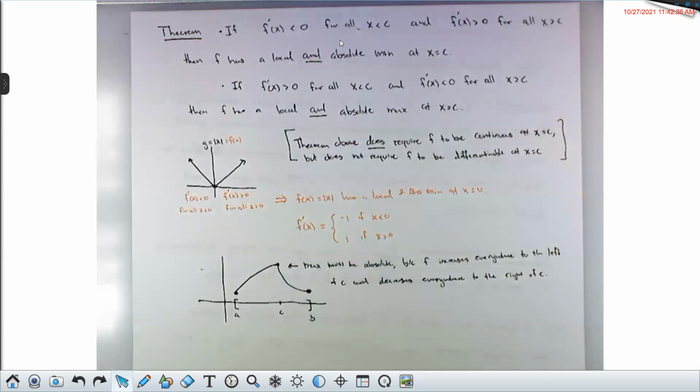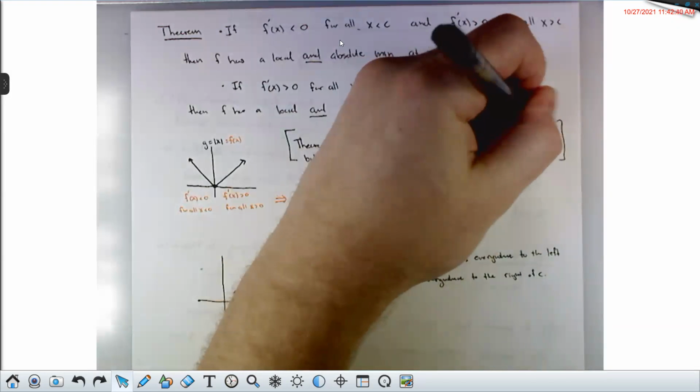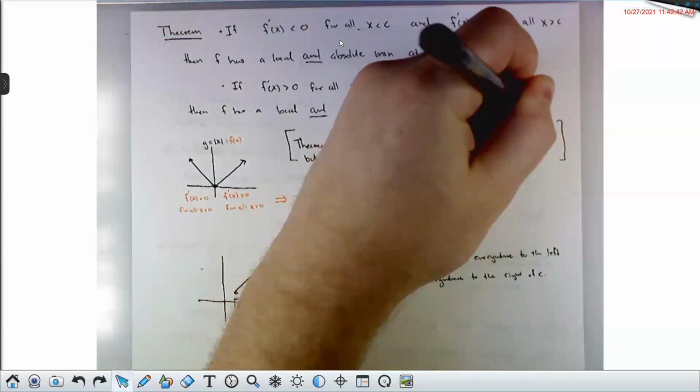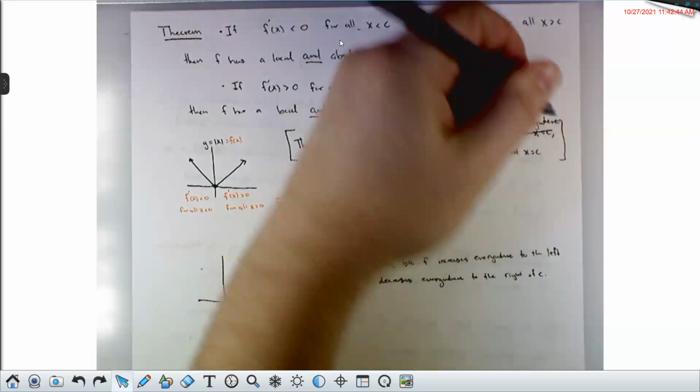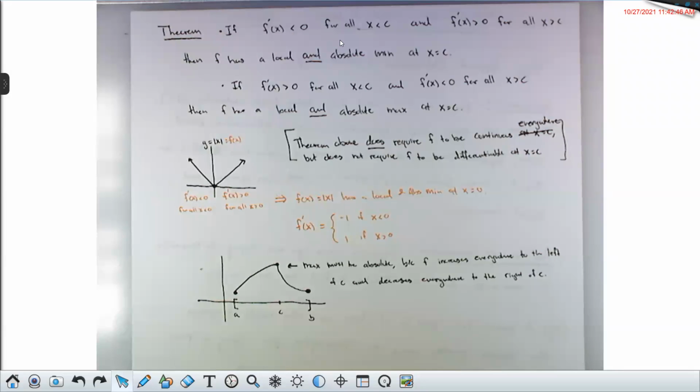So actually, if we want to be careful, let's say this function has to be continuous everywhere on its domain. So f doesn't have to be differentiable at x equals c, but it does have to be continuous everywhere. And that eliminates the possibility of this happening, because differentiability at this point is suspect.